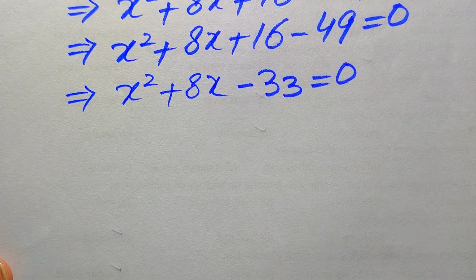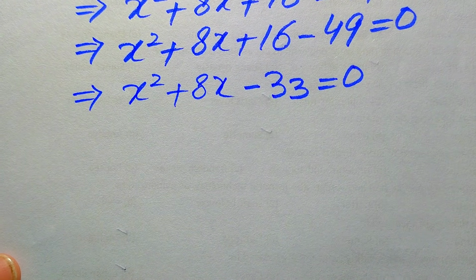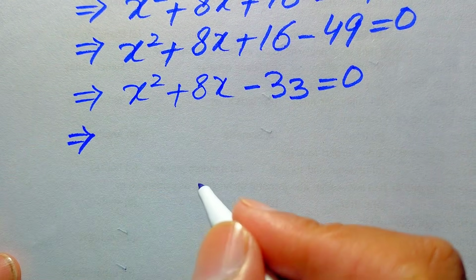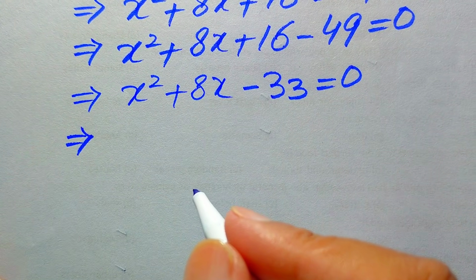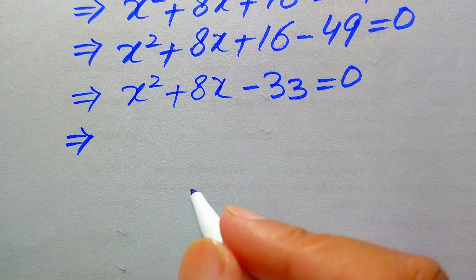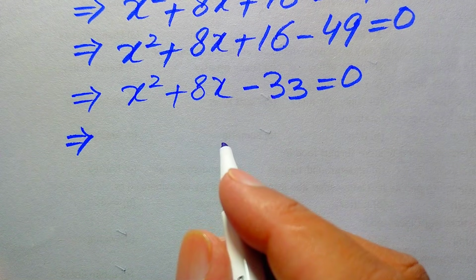So you see that after this little bit of substitution we convert our given question into the quadratic form. You know there are three methods to solve a quadratic equation. The first is the factorization method, the second is the completing the square method, and the third is applying the quadratic formula. You can use any method you want, but here I use the factorization technique.